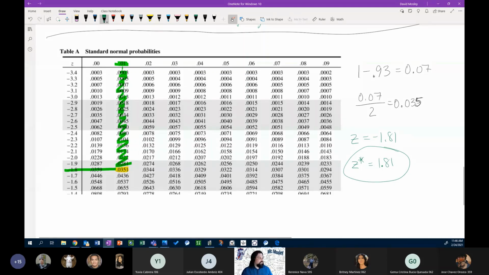We find that in table A, 0.0351 is the closest we can get. 0.0359 or 0.0344 are both much farther away from 0.035 than 0.0351, so we use that. We trace to negative 1.8 on the left-hand column and up to 0.01 on the top row, giving us a z-score of negative 1.81, which means z star is 1.81.